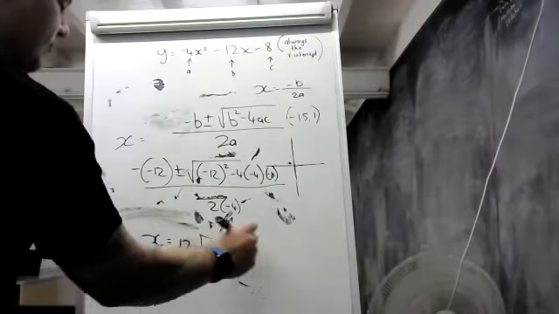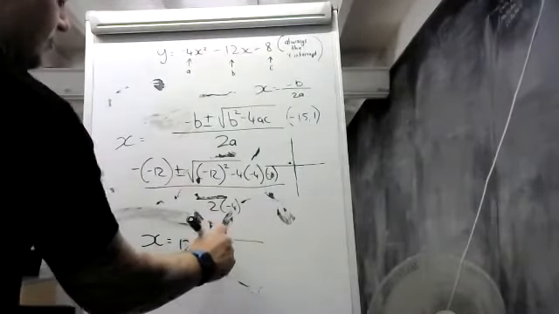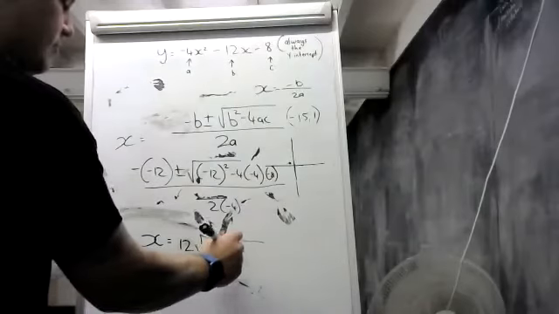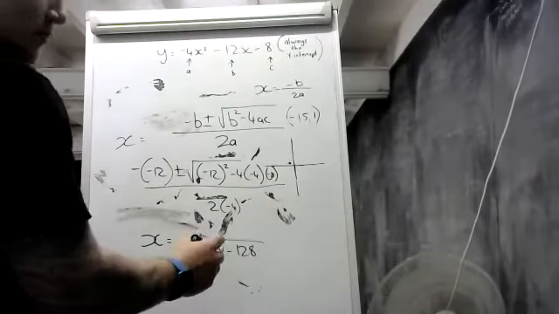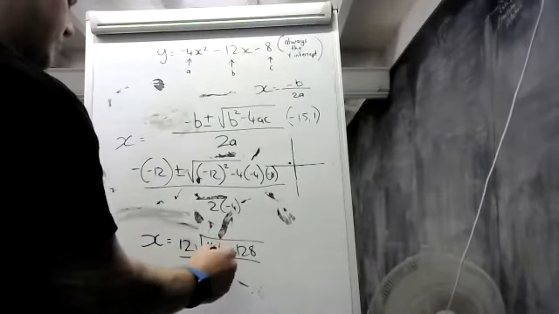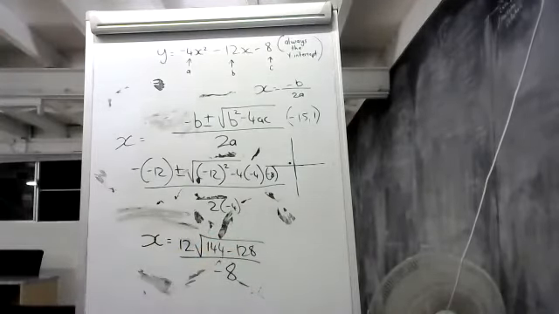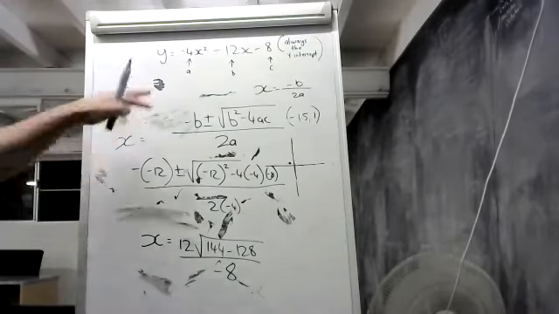So the power of 144 minus 128 over negative 8. Right, I'm just going to clear this off.